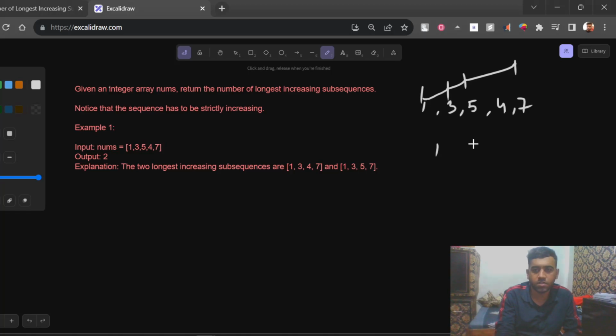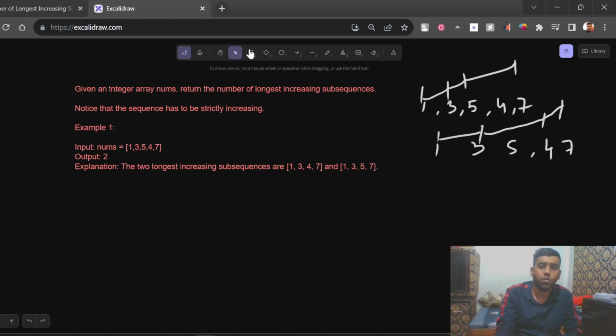One more longest increasing subsequence here is 1, 3, 4, 7. If we consider this 4, that's also going to be a longest one, this and this. So 7, 3, and 1. This is also a longest increasing subsequence.